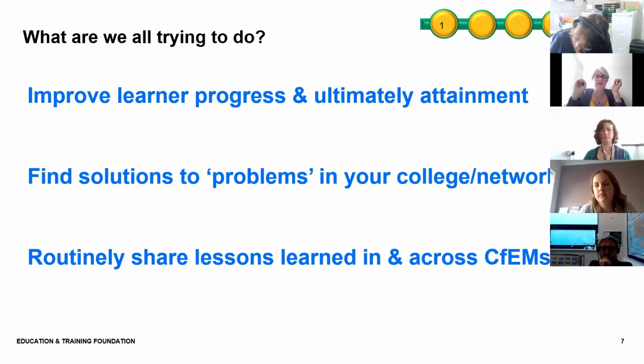The second thing we're all trying to achieve here through action research in the next year is to find solutions for college or network problems. By problem, I mean, in the positive, embracing sense, oh, that could be better, or that didn't work. Why didn't it work? Or these things seem to be in tension.